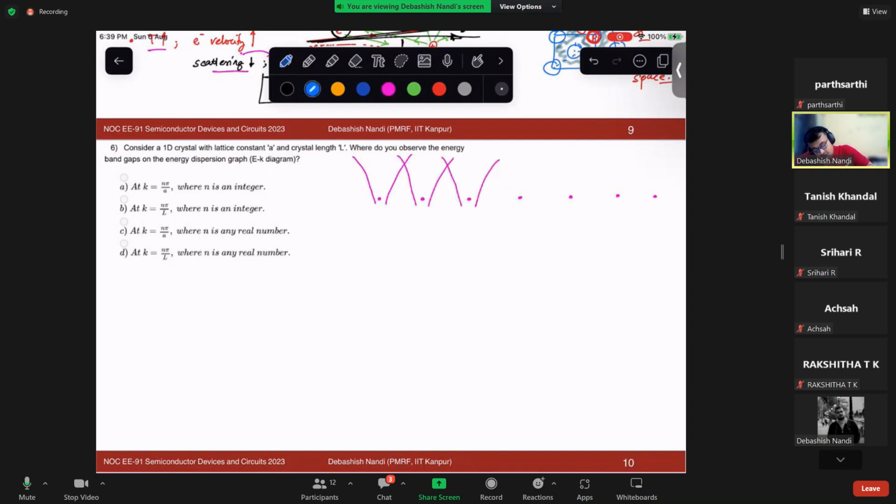the net profile would look like this, this, this, and then go on. This thing we can approximate as a rectangular potential well, a periodic rectangular potential well. If I just draw this, it will be in this fashion.